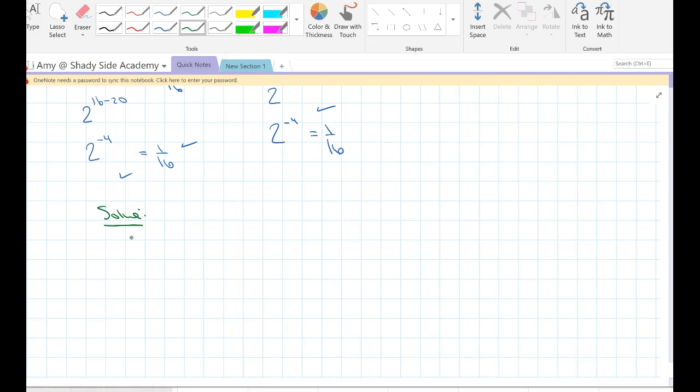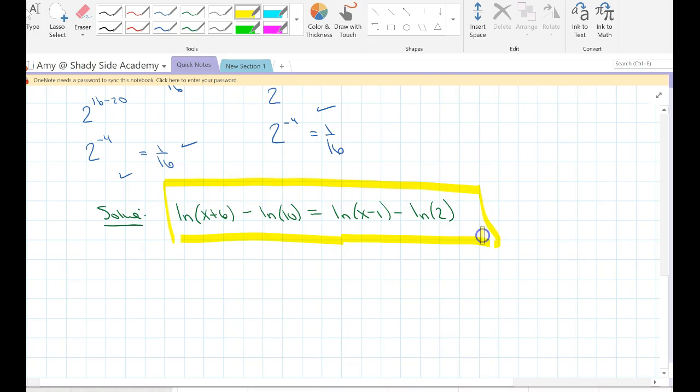Okay. How about this one? Solve this one. Ready? Solve for x: the natural log of x plus 6 minus the natural log of 10 equals the natural log of x minus 1 minus the natural log of 2. Here's a special case. This is a special case log equation.